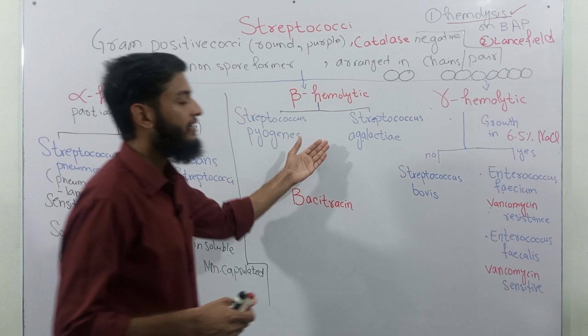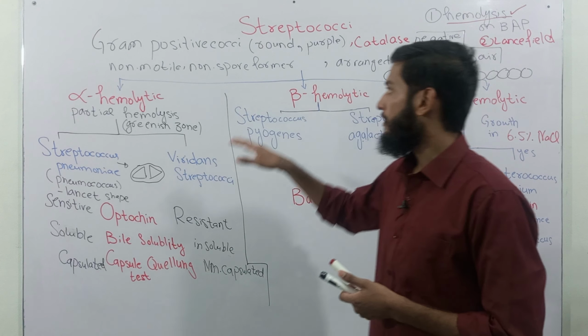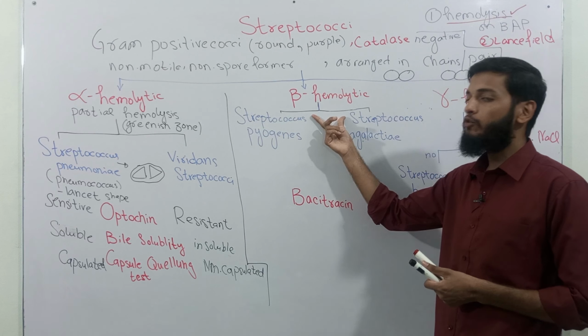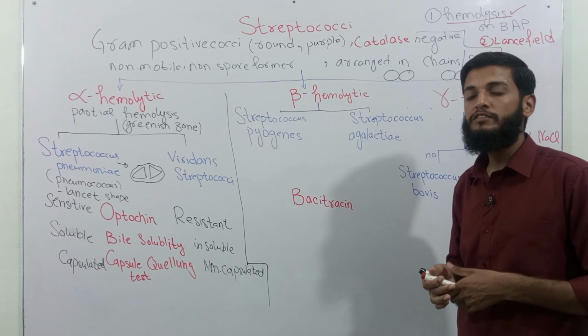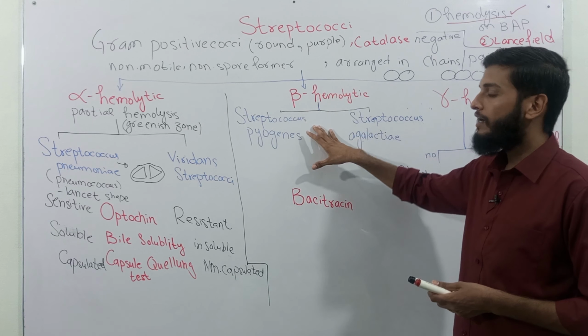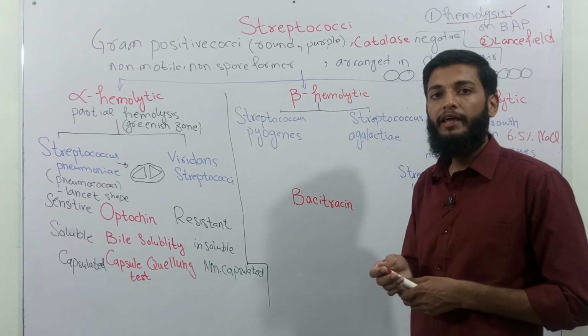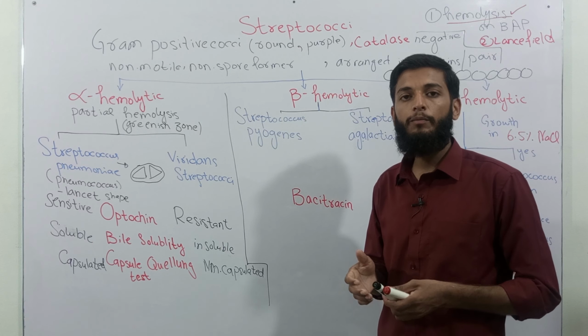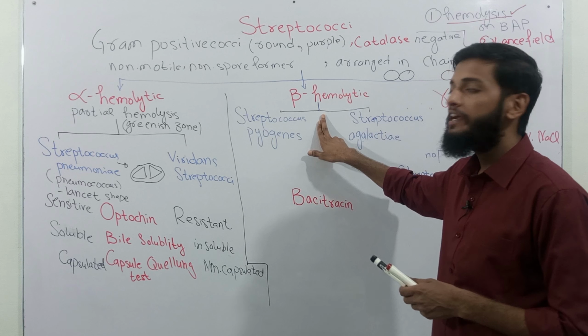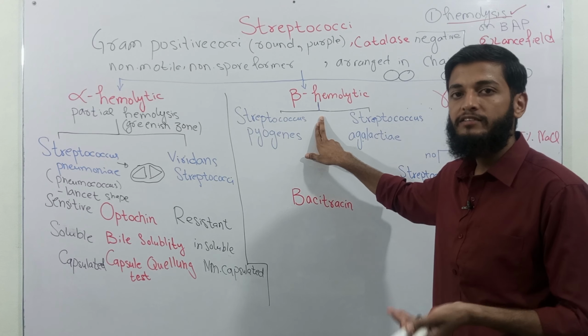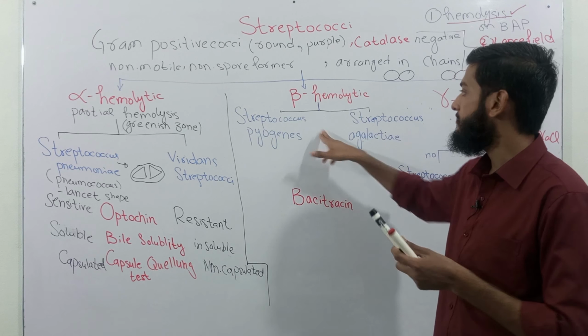Now, talking about the second group of streptococci, which is beta-hemolytic streptococci. Beta-hemolysis means these bacteria can completely break down red blood cells from a blood agar plate. So they cause complete hemolysis, complete lysis, complete breakdown of red blood cells.